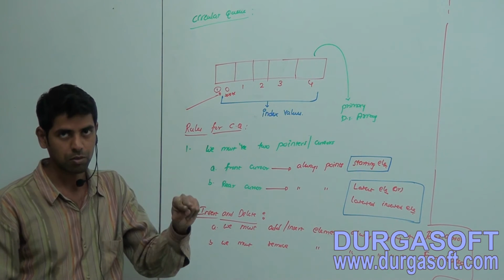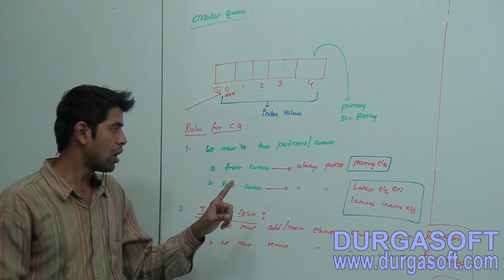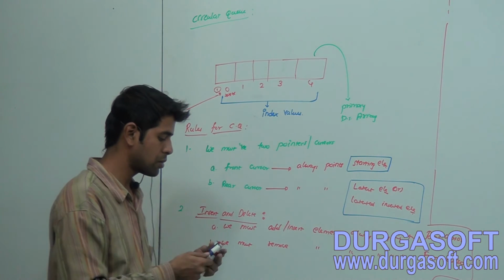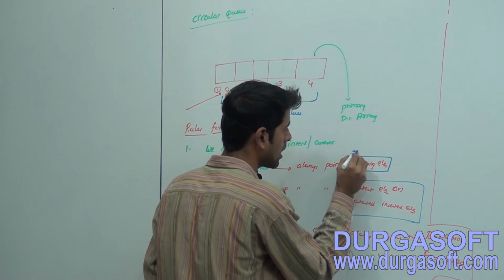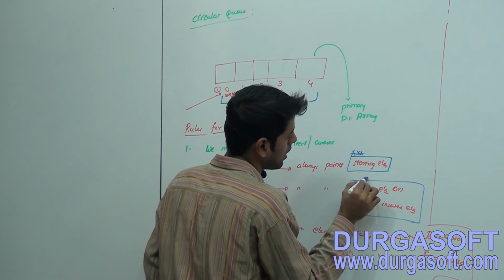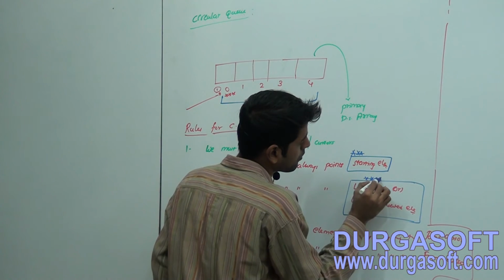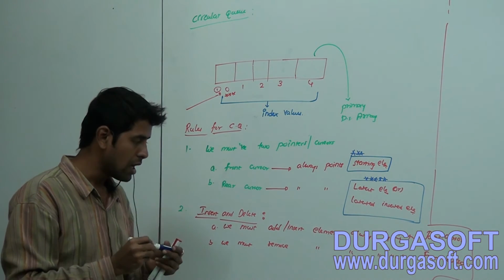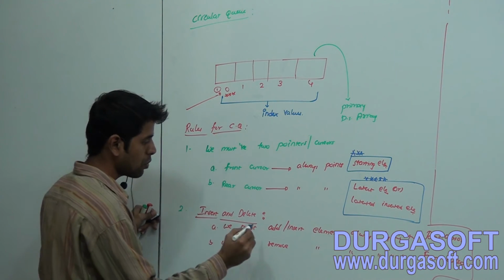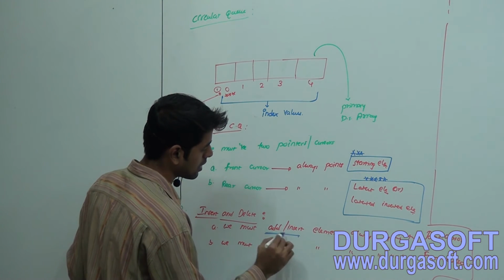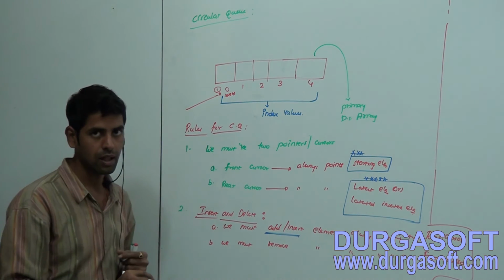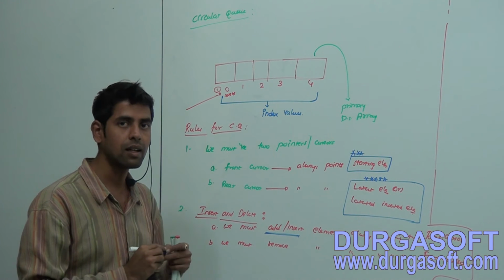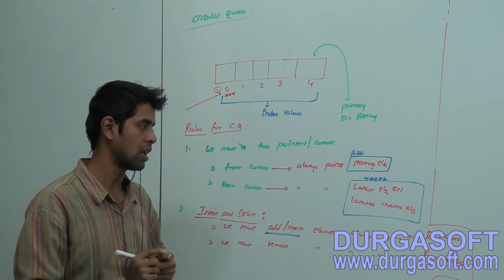Two cursors must be there. The front cursor always points to the starting element, and the rear always points to the latest inserted element. Here we are discussing only the add or insert operation.